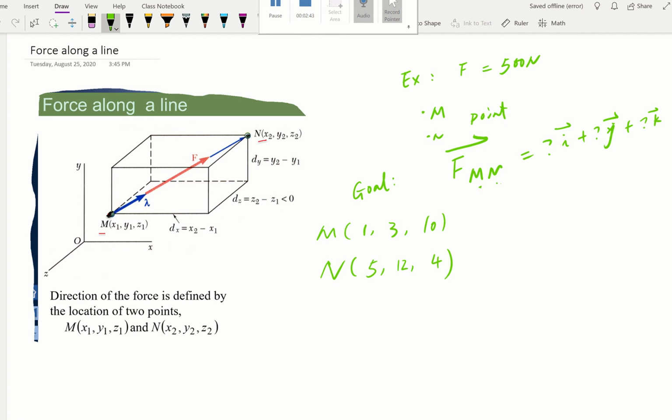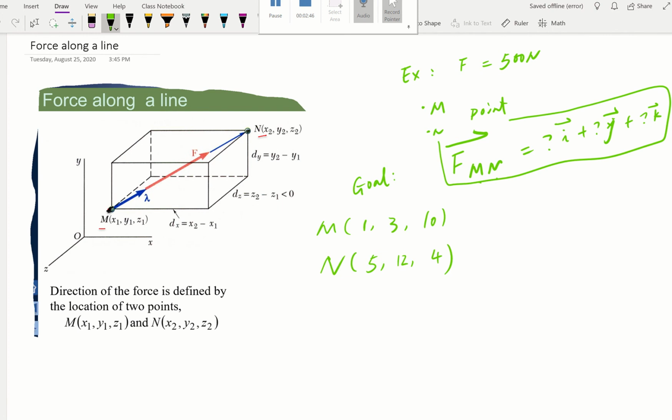How do we get into this? We want to write down the force in a 3D vector form. So first, I want you to review what you learned in math. If you are given 2 points, we are going to figure out the position vector. The position vector is defined from the starting point M to the final point N. It has a direction, and for example, from M to N, we know it's going to be the final coordinate minus the initial coordinate, right?